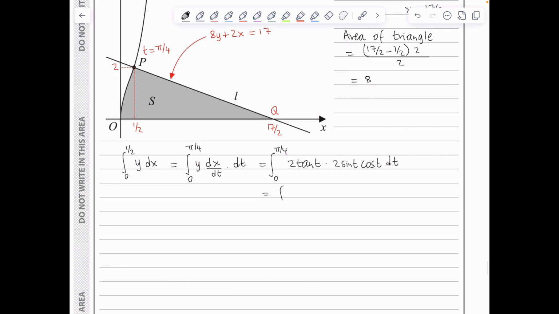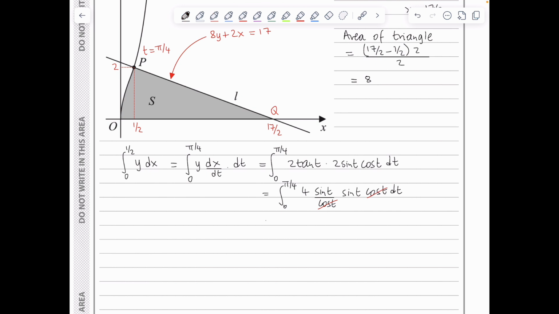So I proceed. We've got the integral from 0 up to pi over 4 of 2 tan t times 2 sine t cos t. I'll be doing 2 times 2 is 4. I'll be writing tan t as sine t over cos t times the sine t cos t dt. Obviously, the cos t with the cos t will cancel out.